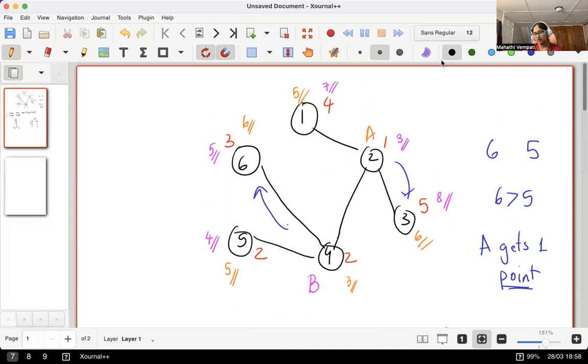You want to make a table, caching values of f of x. Now for this, let's see how it looks.